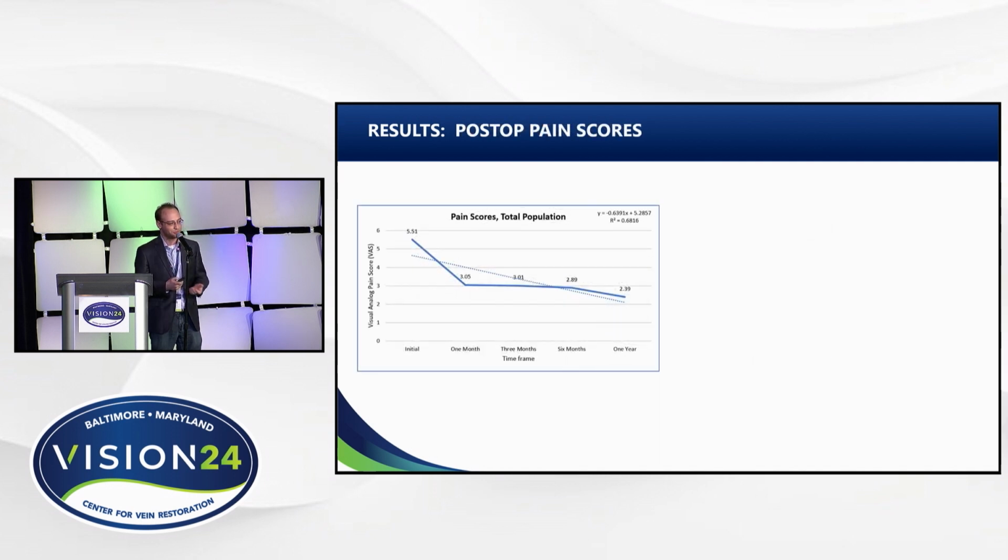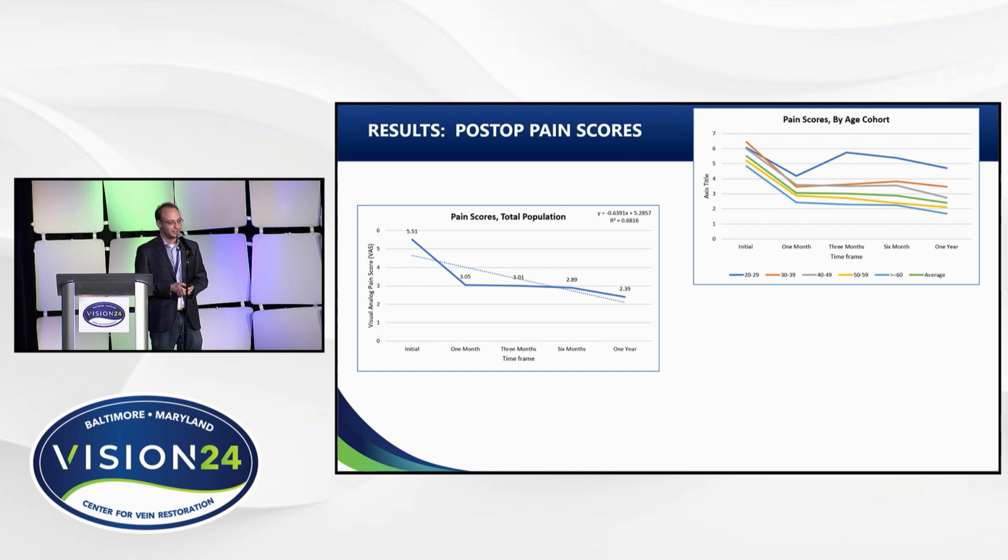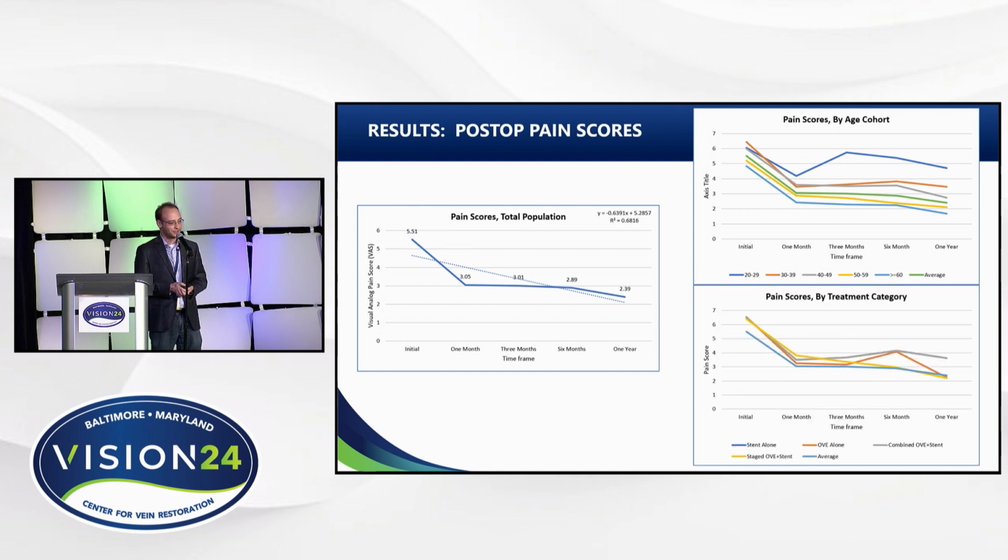So here we're looking at the post-op pain scores. This is just the pain scores of the entire population, which improved after treatment. And then up here we have pain scores by age cohort and by treatment category. So there is similar improvement overall, with the exception of this blue line at the top, which represents the 20-year-olds.